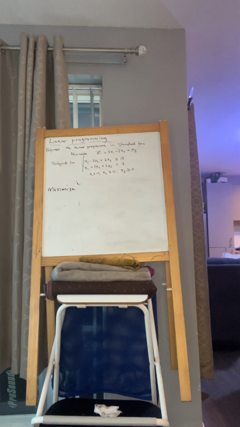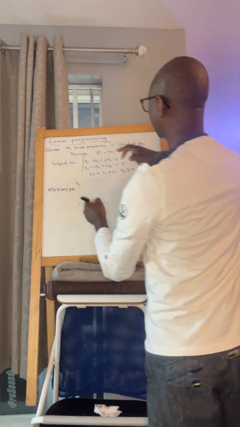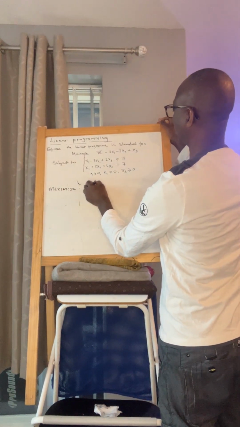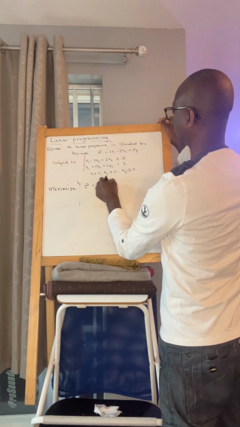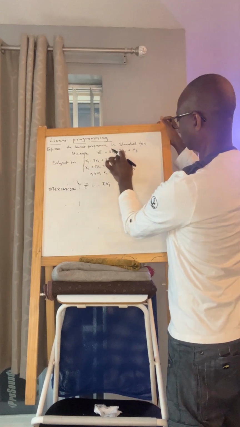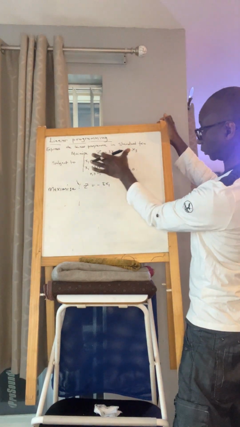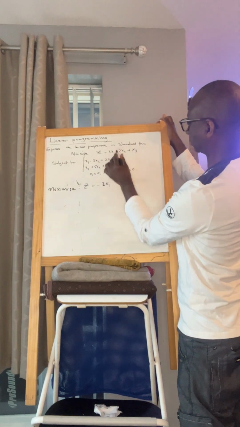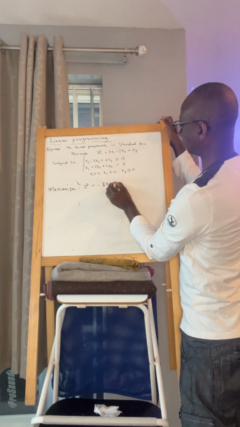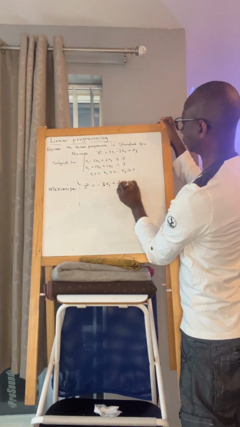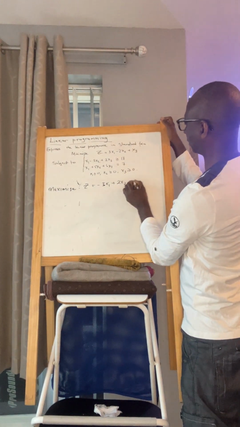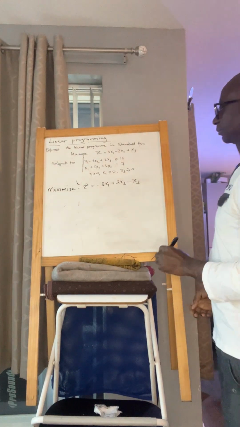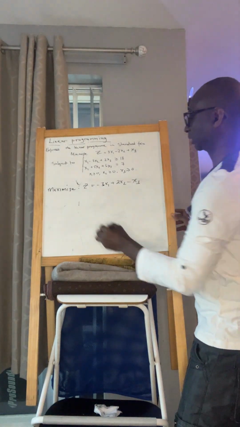We multiply it by minus 1, then we maximize it. So now our z is equal to minus 3x1. We are multiplying throughout this equation by minus 1, so only the signs will change. This was minus, sorry, now it's going to be plus 2x2. This is plus, it's going to be minus x3. So the first one is done.